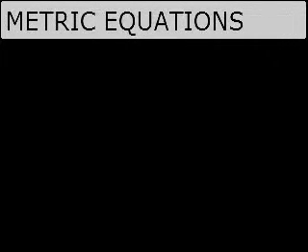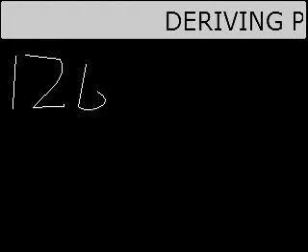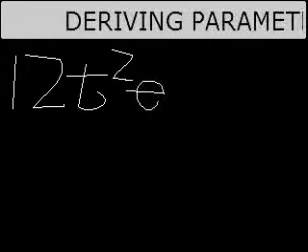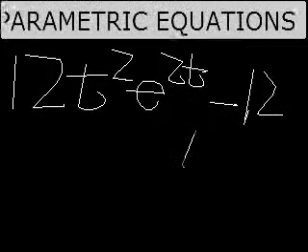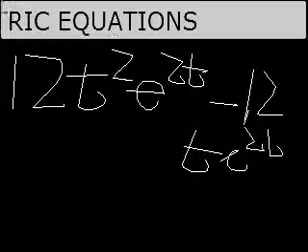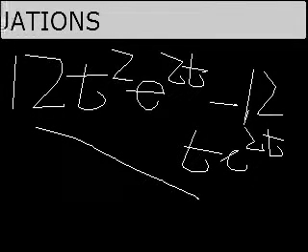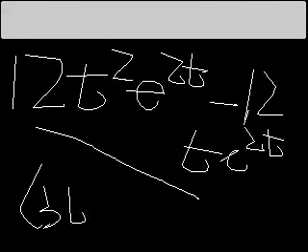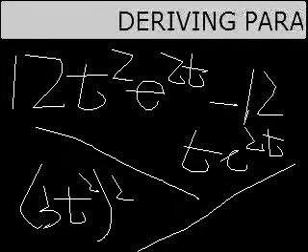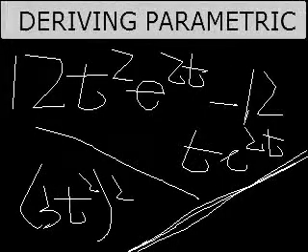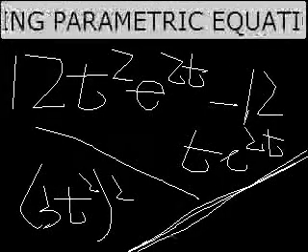So divide this right here, 12t squared e to the 2t minus 12t e to the 2t, and that's all over 3t squared squared.